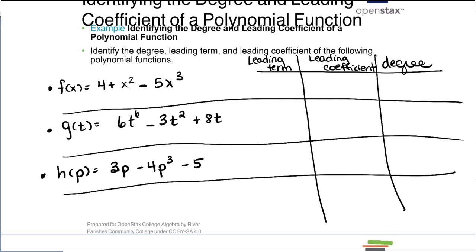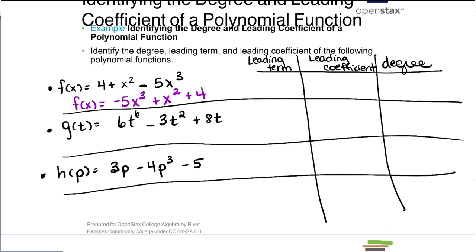What helps is if we first put these functions in order from highest degree to lowest. So the first one would be f of x equals negative 5x to the third, because 3 is the highest exponent, plus x squared, because 2 would be the next highest exponent, and then plus 4. For g of t, that one looks like it's already in the correct format, because it goes 6, 2, and then 1 for exponents, so that's already in order.